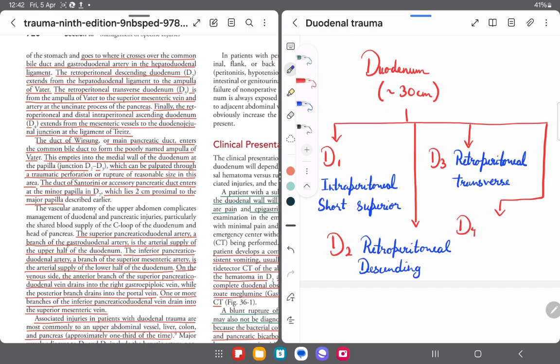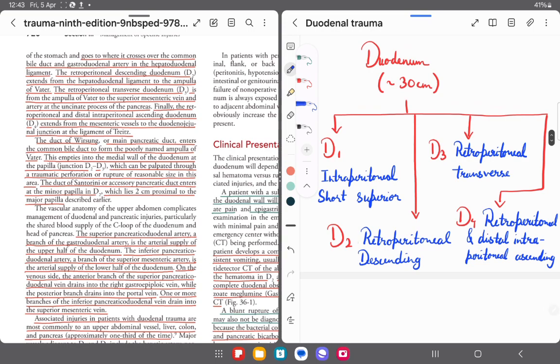D4 is retroperitoneal and distal intraperitoneal ascending duodenum.